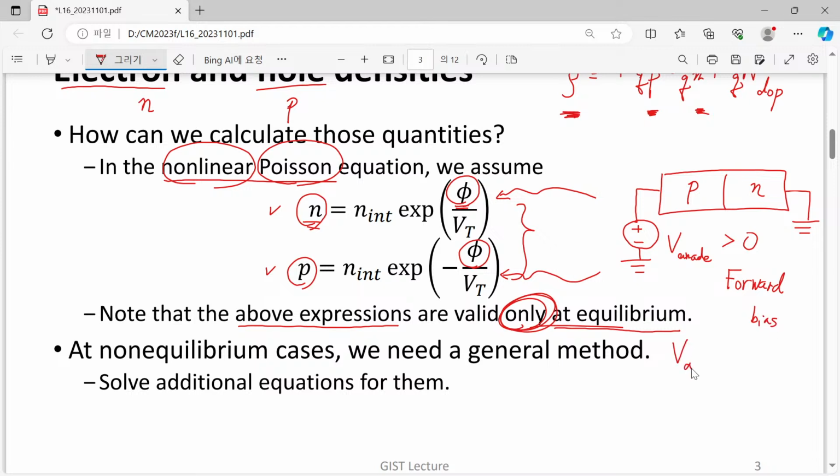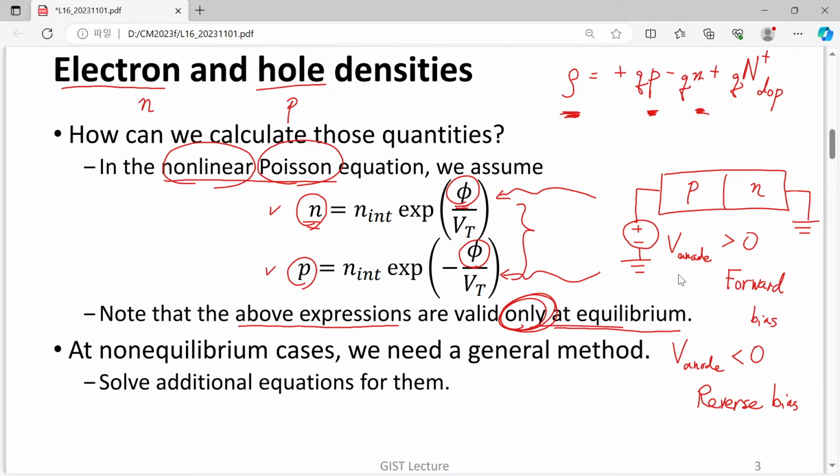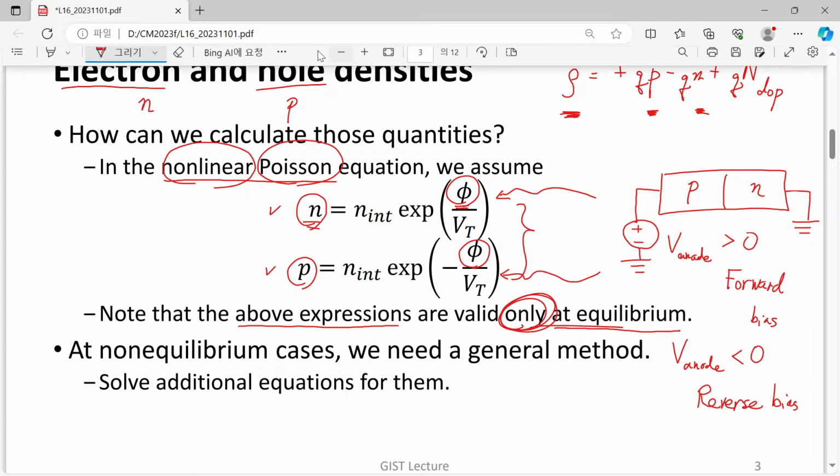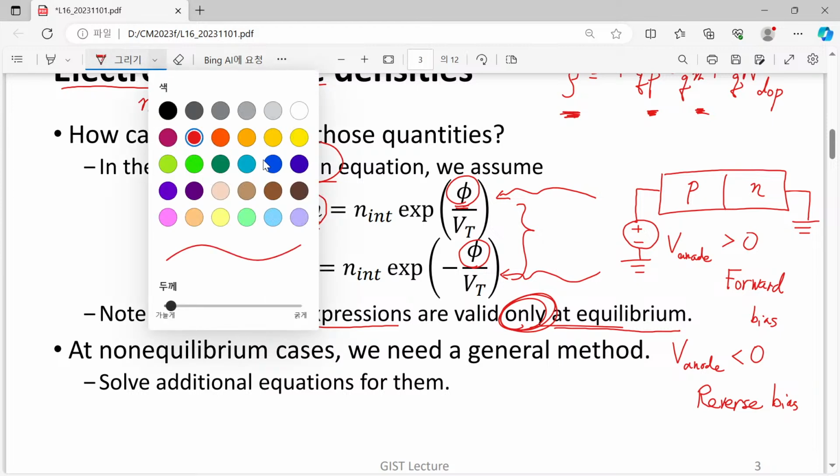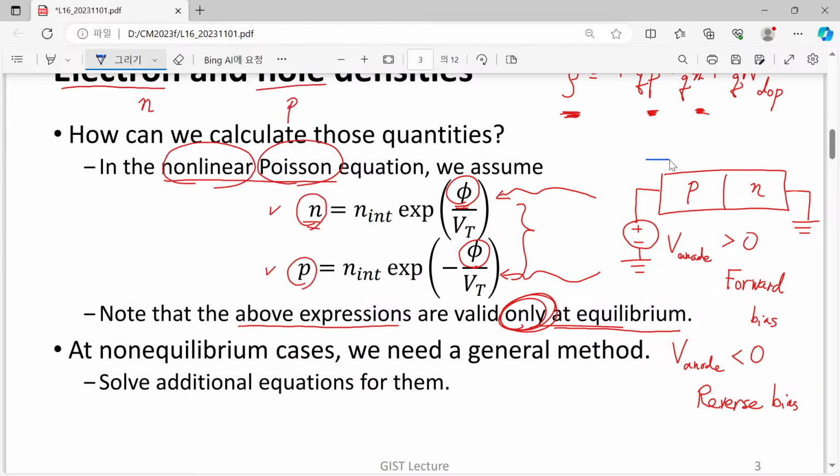And if we have an anode voltage smaller than 0, a negative value, then this is called the reverse bias condition. Depending on the polarity of our applied voltage, the response of these PN junctions really depends on the polarity. And we just measure the current flowing into the device through the anode terminal.